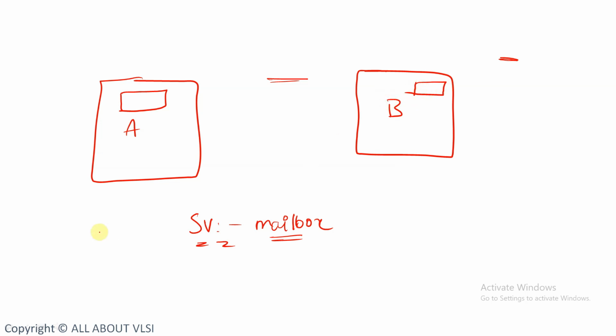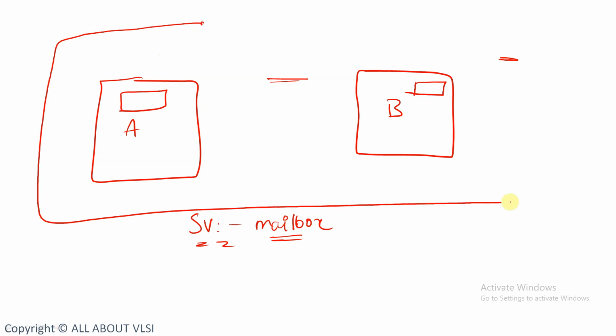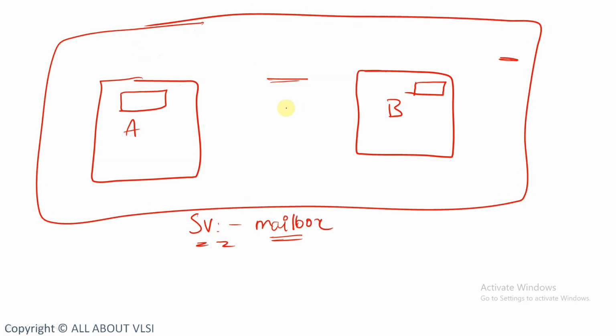If you have worked in SV, you know the instance of the mailbox is not created in components A and B. It is created in a top module, generally in the environment, using mbx equal to new. This instance is then passed to component A and component B.